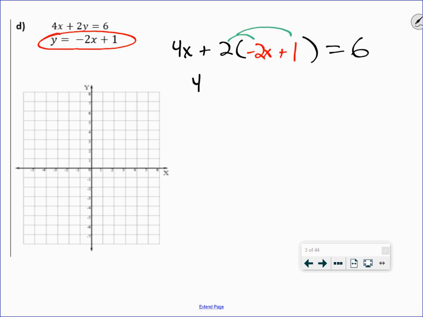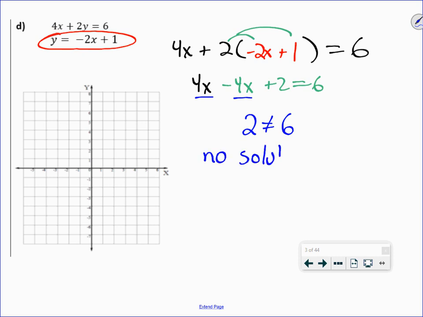So I'll end up with 4x minus 4x plus 2 equals 6. Then I have to combine like terms. 4x minus 4x is 0, so I'm left with just 2 equals 6. This is not a true statement, so the answer is no solution.